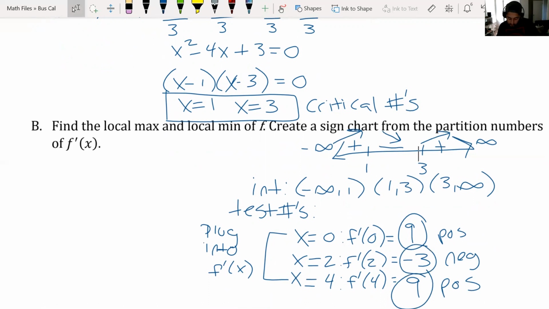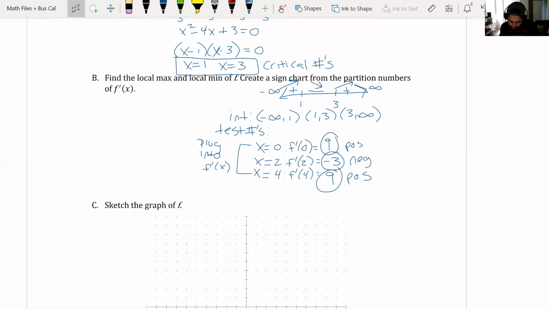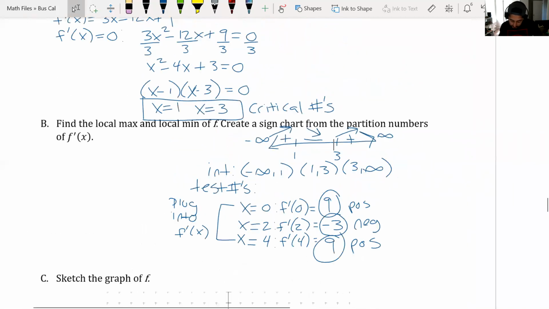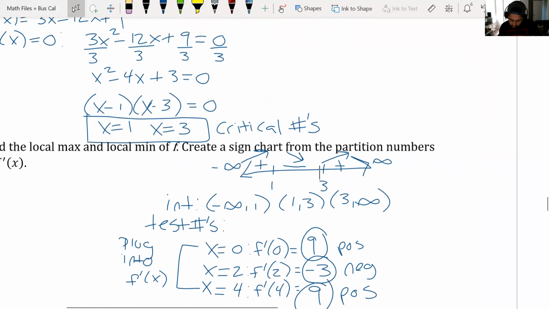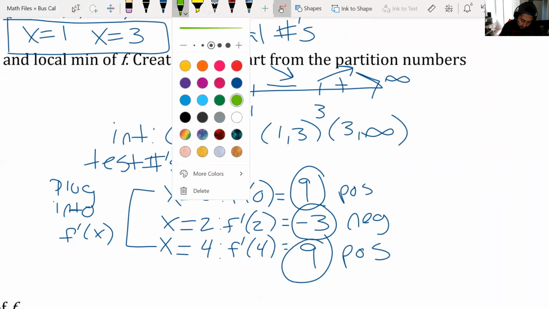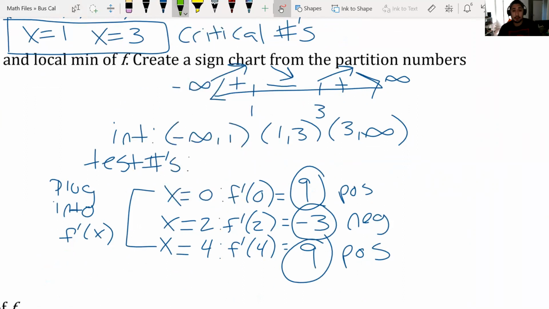Find local max and mins. So step B is almost done. I should have put some more room over here. Now, based on our sign chart, we want to find max and mins. Look at critical number 1.